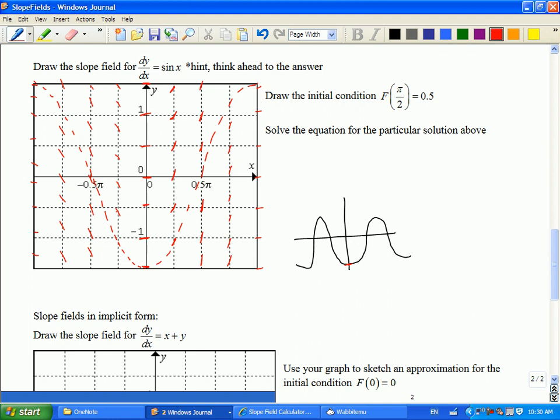Yeah, I suppose it could. I'll probably get away with it in this one just because I'm sketching it. But yeah, I didn't look at my scale very good here. Maybe I'll get away with it. That's not a bad slope field for that graph.